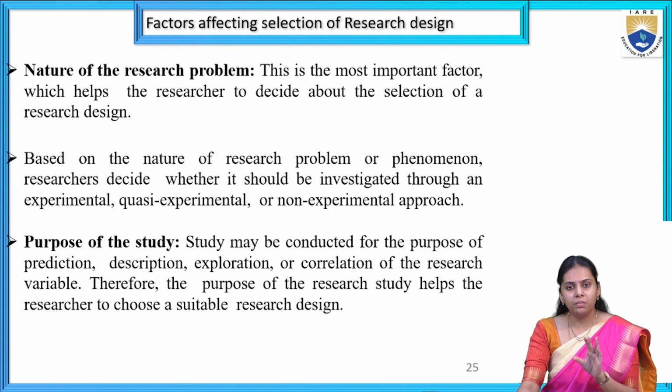This is the most important factor which helps the researcher to decide about the selection of a research design. Based on the nature of the research problem or phenomena, the researcher decides whether it should be investigated through an experimental, a quasi-experimental or a non-experimental approach.